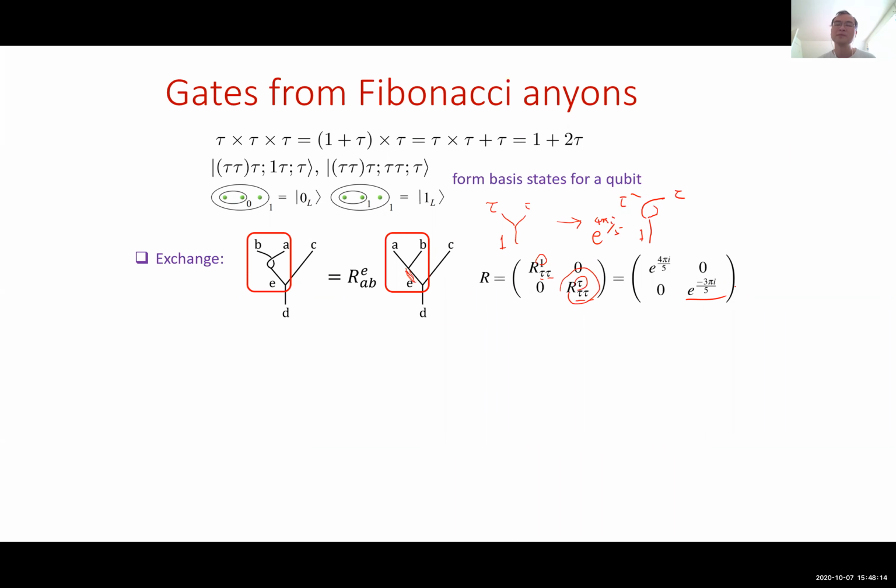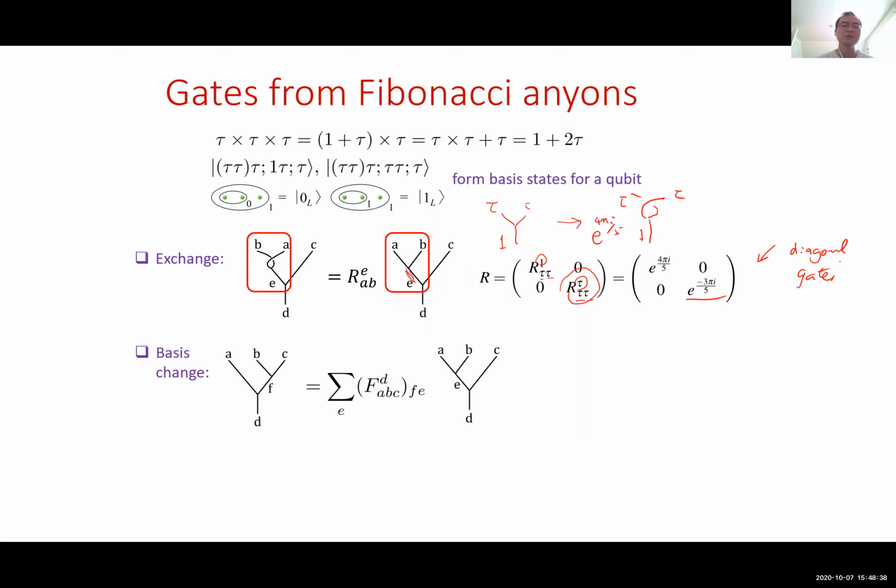This is solved in the mathematics literature, and in some sense, this gives us a natural gate. If you can just braid them, these are diagonal gates. This is one example of a diagonal gate.